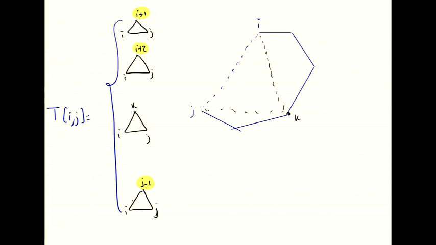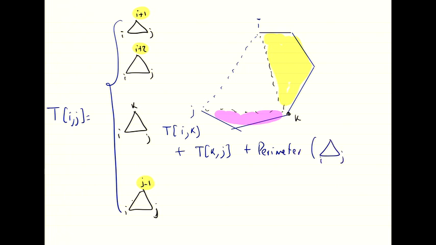Let's say you're in the general case like that, then the total cost is T of i, k, because you need to triangulate this part, and then T of k, j, because you need to triangulate this part, plus the perimeter of the triangle i, j, k.